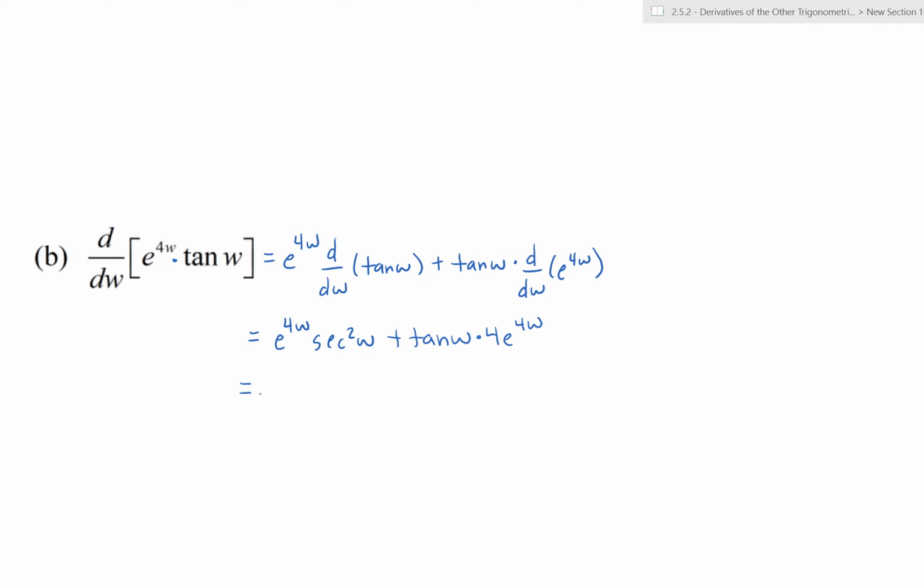And so we do have a common factor here of e to the 4w, and what do we get? e to the 4w times secant squared w plus 4 times tangent of w. And there you have it.